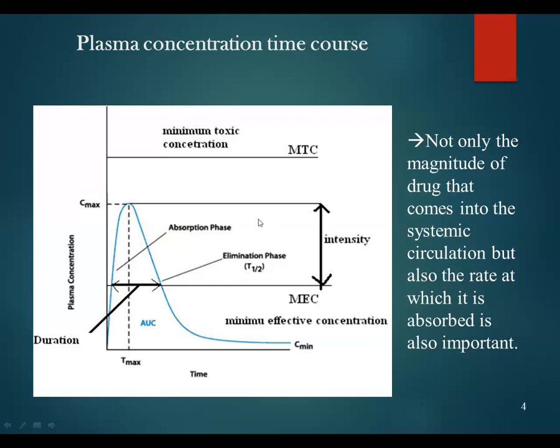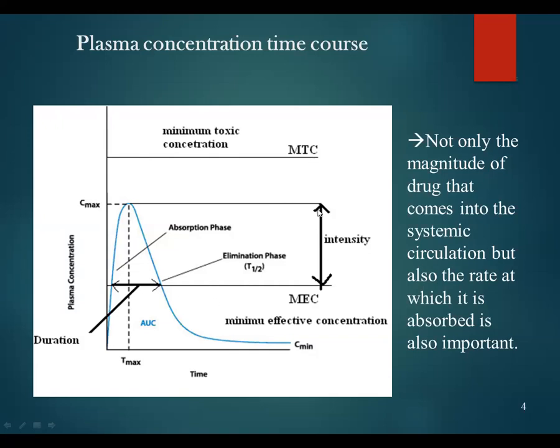Again, the dose should not be excessive, meaning it should not cross the minimum toxic concentration. We know what happens when it crosses the minimum toxic concentration: it will start exhibiting the unwanted toxic effect, which is expected above that concentration.